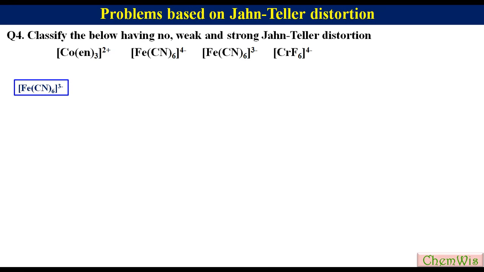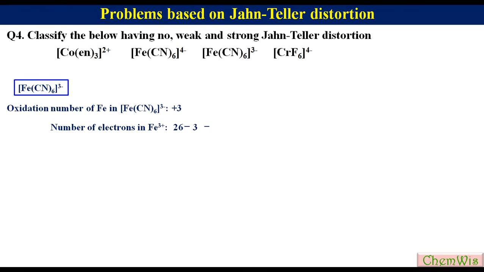[Fe(CN)6]3-. The oxidation number of Fe in this complex is +3. So the number of electrons in Fe3+ will be 26 minus 3, equal to 23, since Fe metal has 26 electrons and Fe3+ is formed by the removal of 3 electrons from it.